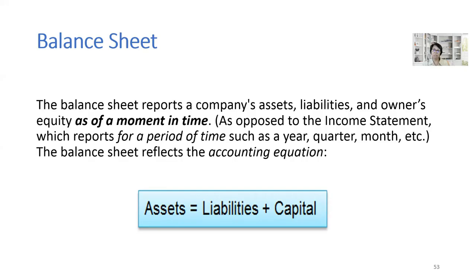And this tells me how many assets do I have, how much is in the bank as of November 30th, how much do I owe people as of November 30th. And then remember, assets equals liabilities plus capital. So the capital would be as of that time.